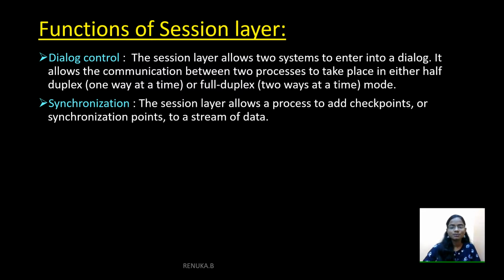Session layer allows a process to add some checkpoints or synchronization points to a stream of data. Like we will consider an example. If a system is sending a file of 2000 pages, it is advisable to insert these checkpoints or synchronization points so that after every 100 pages, it ensures that each 100 page unit is received and acknowledged independently.